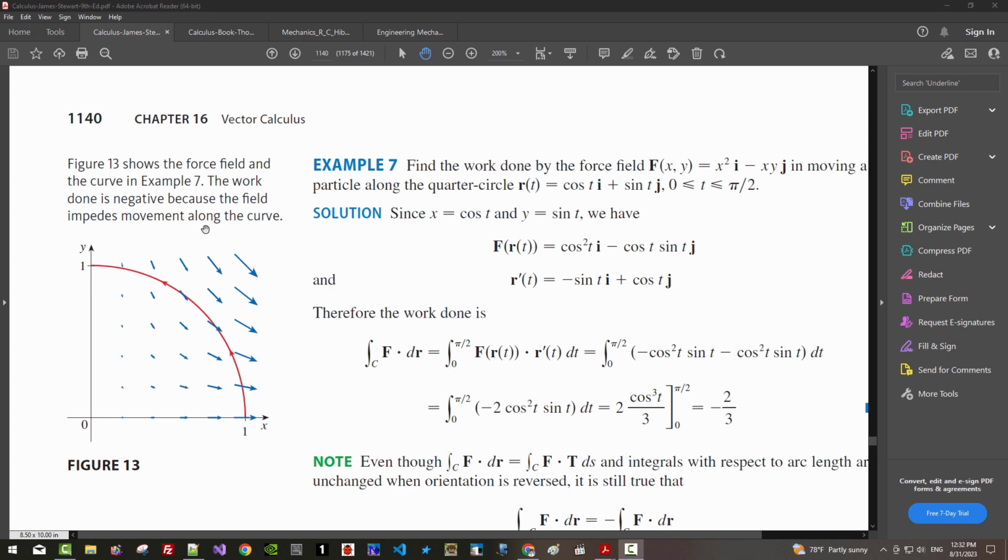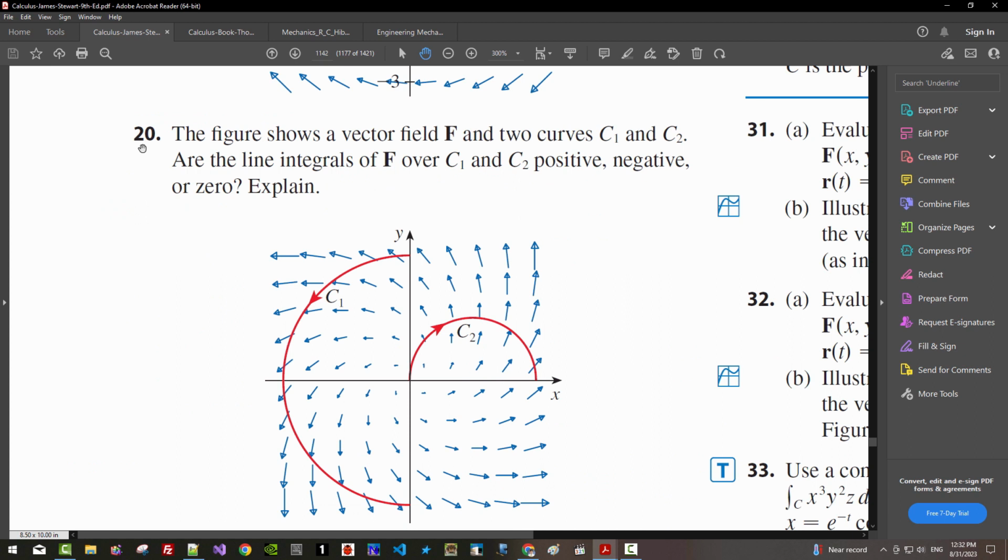If you haven't skipped reading Figure 13, then you can solve problem 20 instantly. The curve C1 moves in the direction of the vector field. The blue arrow does not impede the movement along the curve C1.